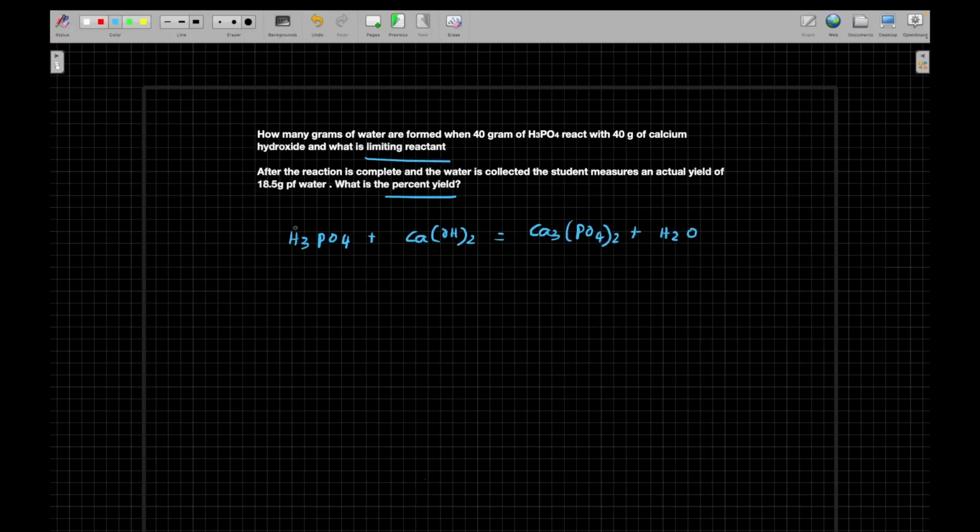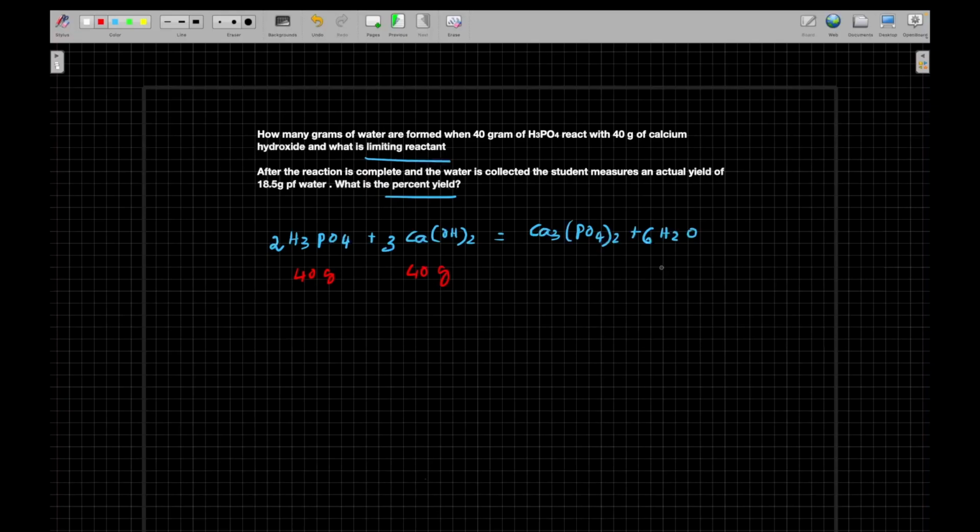So, first we need to balance the equation, and from the word problem we see that 40 grams of phosphoric acid has been used in this reaction and 40 grams of calcium hydroxide is also used in this reaction.